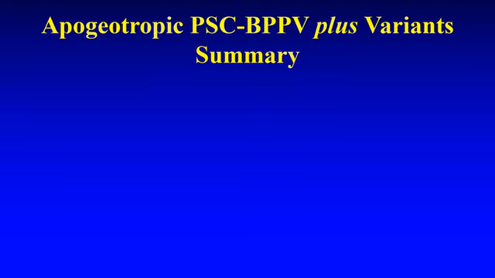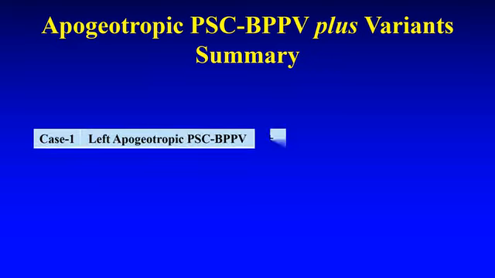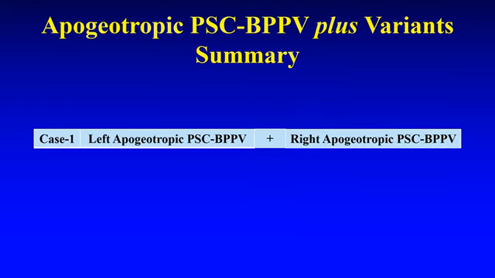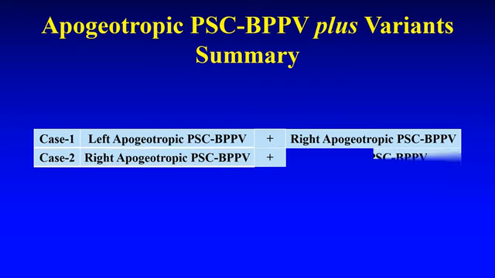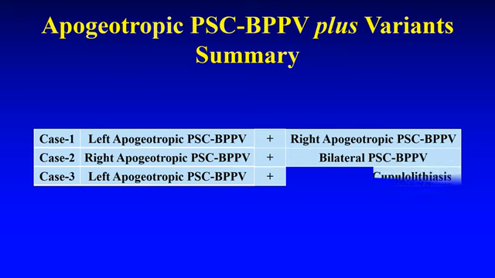So the summary of the plus variants is: case 1, left apogeotropic posterior semicircular canal BPPV plus right apogeotropic posterior canal BPPV. Case 2, right apogeotropic posterior semicircular canal BPPV with bilateral typical posterior semicircular canal BPPV. Case 3, left apogeotropic posterior semicircular canal BPPV plus left posterior semicircular cupulolithiasis.